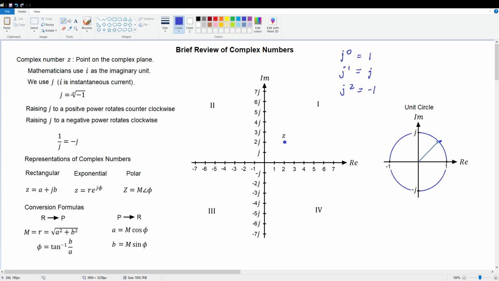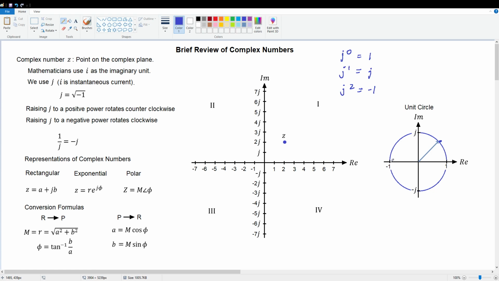That's from the fundamental definition we have over here. So I think you can see the pattern: J to the 0, J to the first, J squared, J to the third, and so on. Every time we increase the exponent by 1, we rotate by 90 degrees counterclockwise.